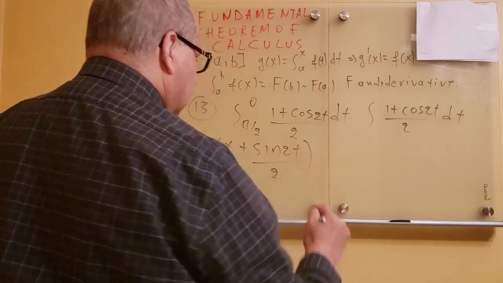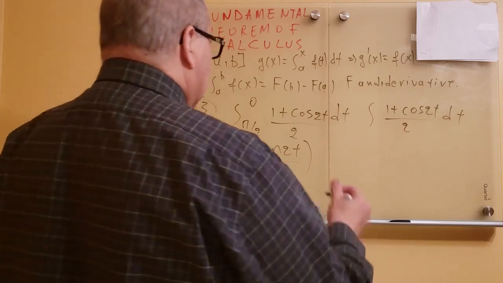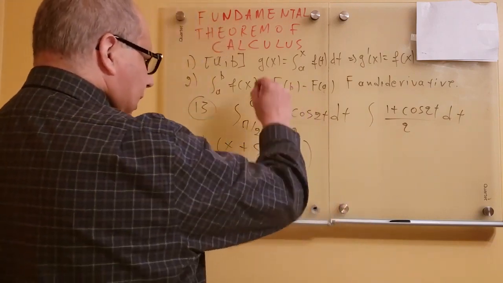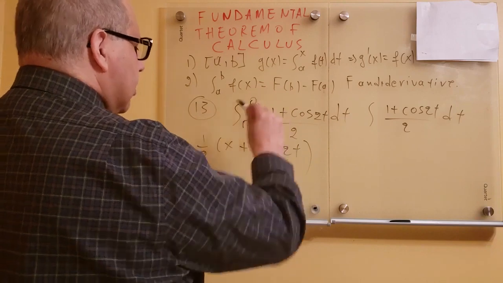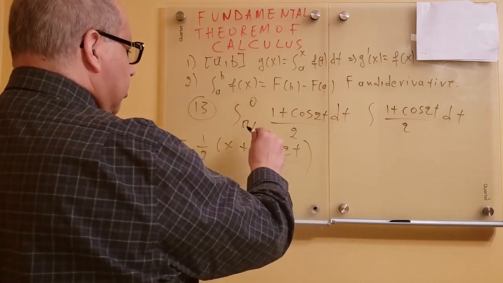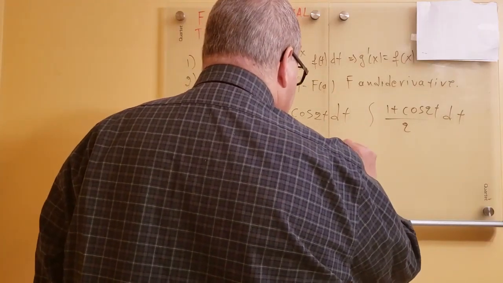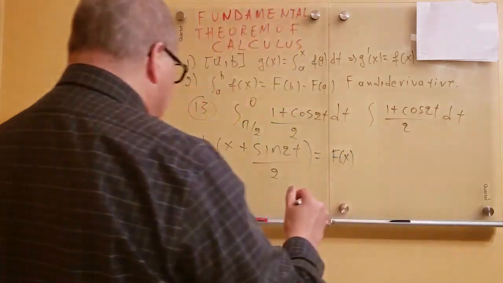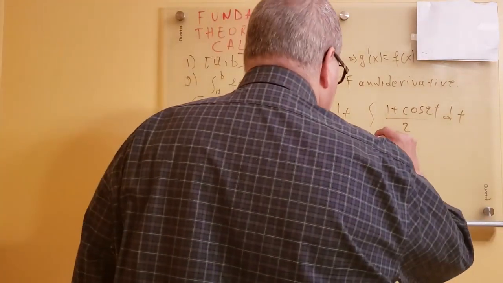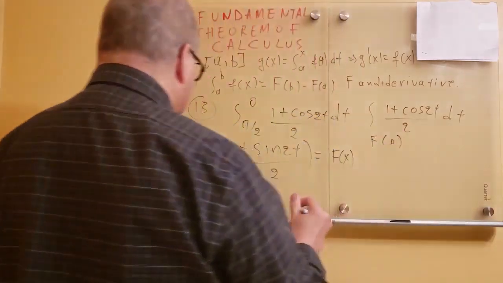Okay, so that's it. And now, so this is the capital F, so you have to evaluate it once at the point 0 and once at the point pi over 2. So let's say this is the capital F, so F of x. If you evaluate it at the upper limit, which is 0, how much it is?